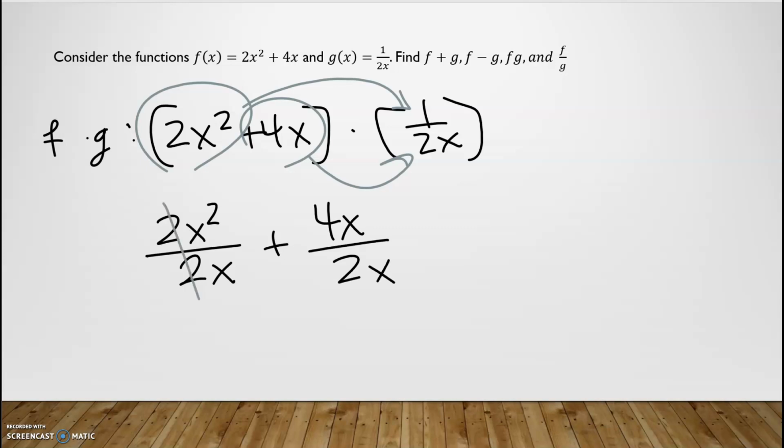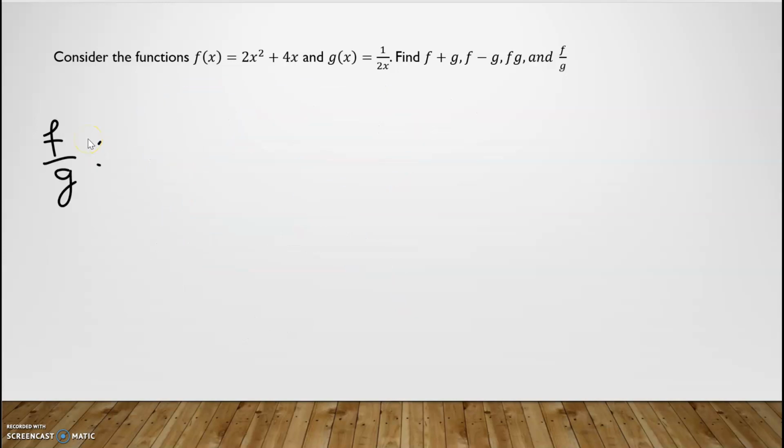Now notice the first one, the 2's cancel out, and I can cancel out one of the x's, left with 1 up here. Here the x's cancel out. I can take out a 2, left with a 2 here. So my final answer would be x plus 2 for f times g.